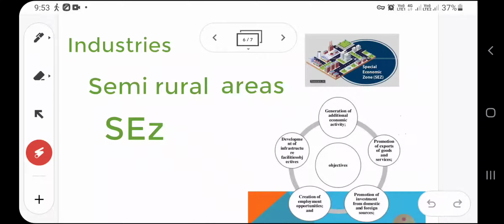It provides all facilities in that zone and gives incentives to the industries, so industries can establish themselves there by taking benefits from the government. What is the use of establishing SEZs? To develop that area and to create more employment for the people.